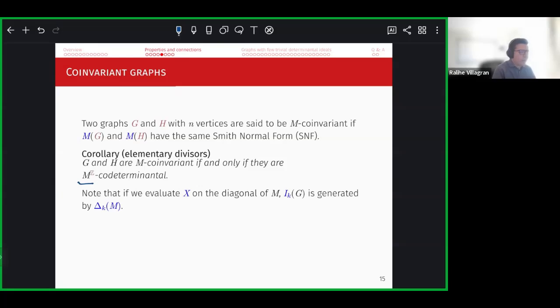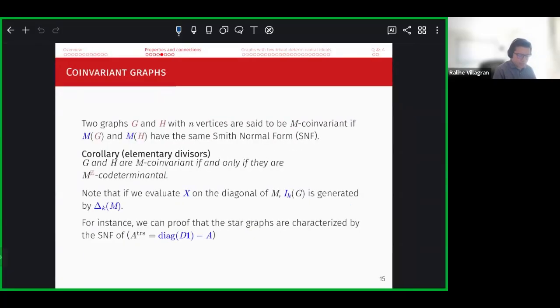Notice that if we evaluate our vector of variables on the diagonal of M, and we know the critical ideals or determinantal ideals of the graph, then we know that it's generated by the greatest common divisor of the minors of the matrix.